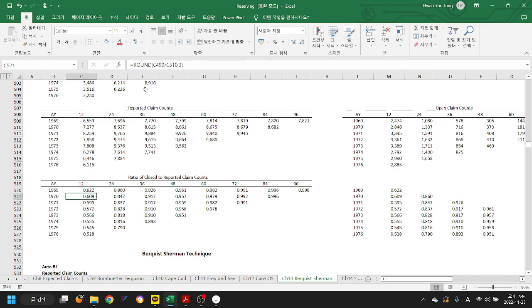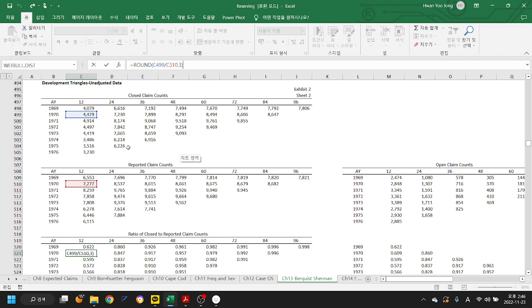Out of total reported claims, by the end of, let's say, December 31st, 1970, whatever amount of claims occurred, it keeps adding the closed claim count plus how many claims are still open, right?